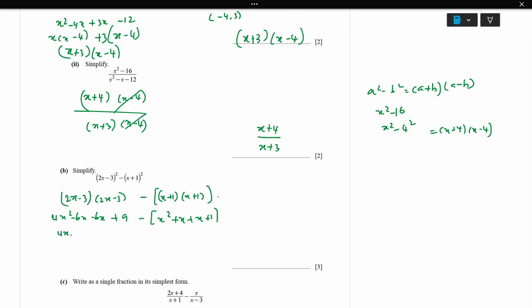I'll bring the minus inside, so minus x square, minus 2x, minus 1. So 4x square minus x square is 3x square, then minus 14x and plus 8. That's the answer: 3x square minus 14x plus 8.